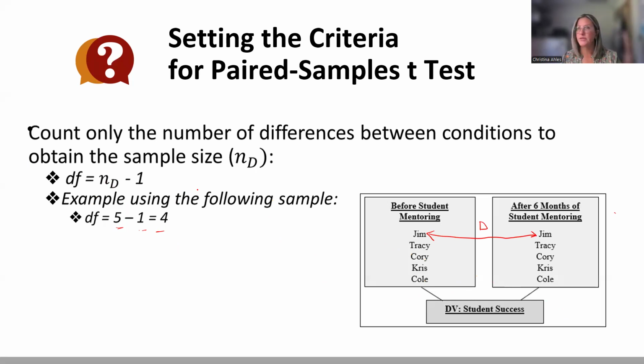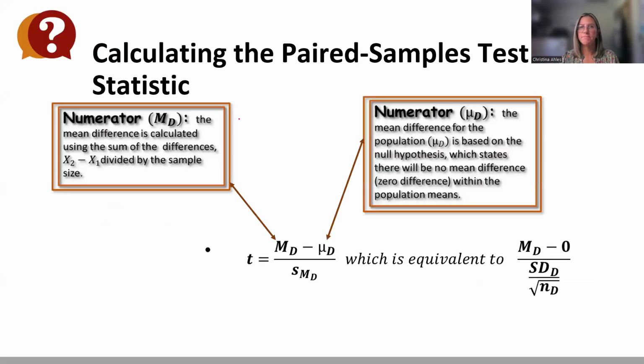The independent t-test adds the degrees of freedom from the first group to the degrees of freedom of the second group. And now with the paired samples t-test, it's the degrees of freedom for the number of differences we will be utilizing, or the number of participants. I feel like it'll be easier once you see how this is calculated.